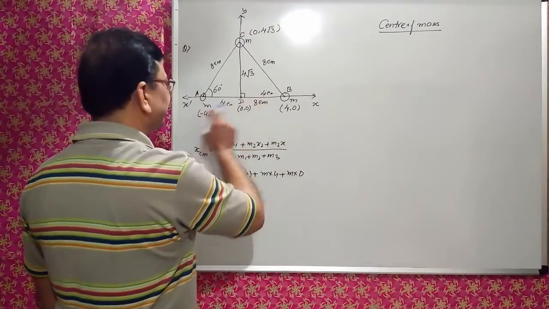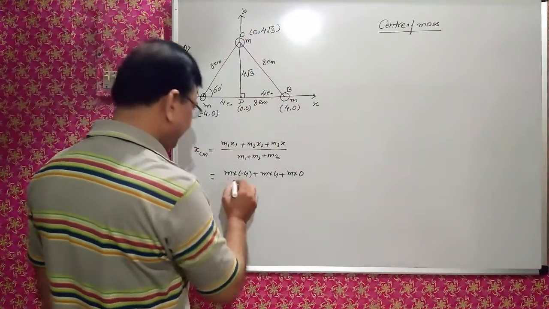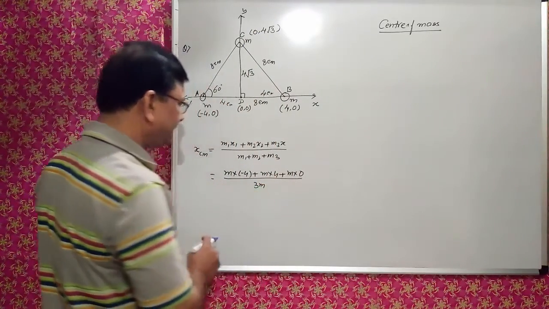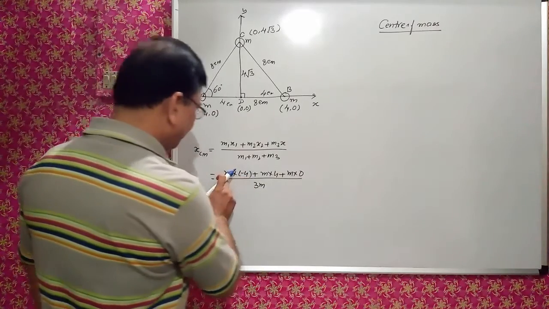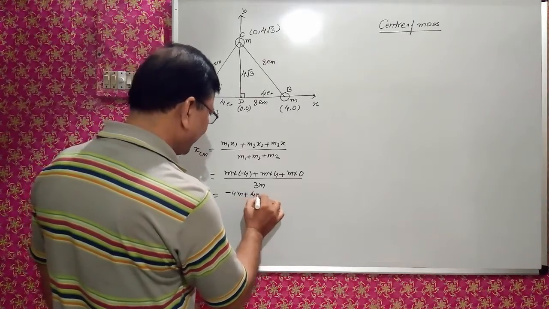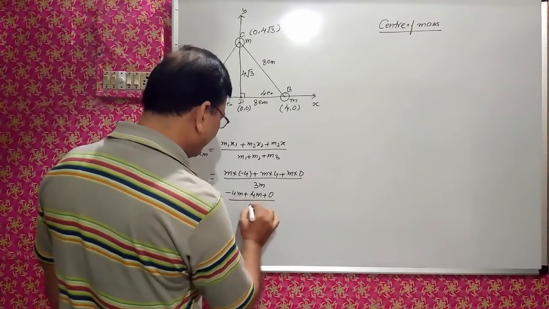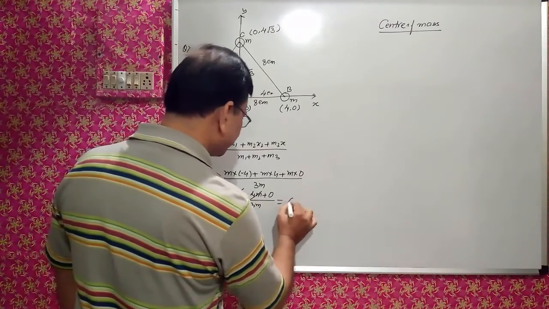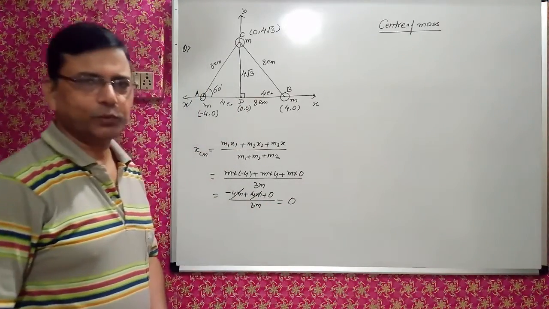X coordinates I have taken of all the three, upon this will be 3m simply. Now you see m into minus 4, that is minus 4m plus 4m plus 0 upon 3m. This will go, the numerator becomes 0, meaning the x coordinate is 0.